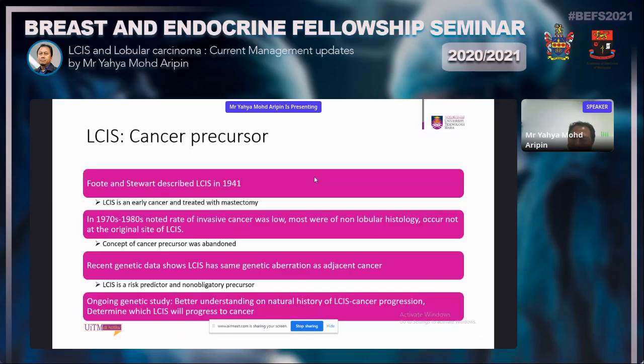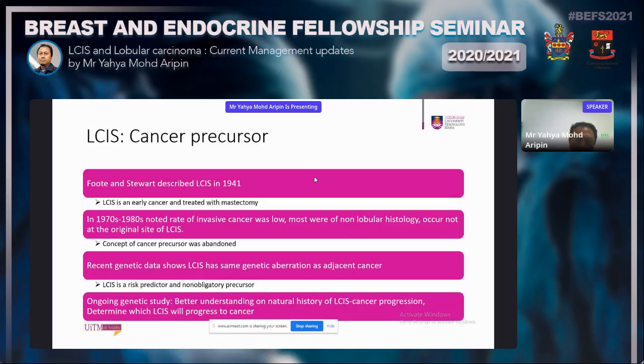But when we had more data in the 1970s and 1980s, the era of breast conserving surgery, it was noted that the rate of conversion to invasive cancer was low, and most of these invasive cancers were non-lobular histology and did not occur at the original site of LCIS. Because of this, the concept of LCIS as cancer precursor was abandoned.